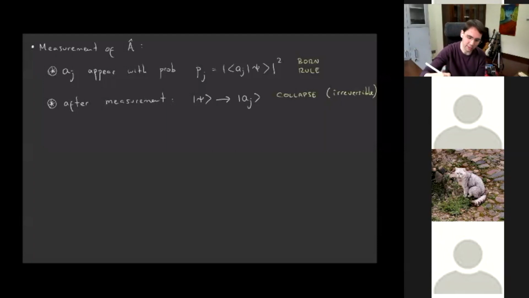Okay, then associated to measurements, there are a couple of statistical quantifiers that are important. These quantifiers allow us to summarize what we expect when we measure A with the system being in some state psi. They are the following. First of all, something that we will call the expectation value of an operator A, that is simply this object here.